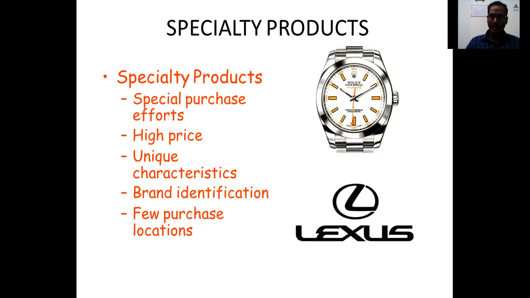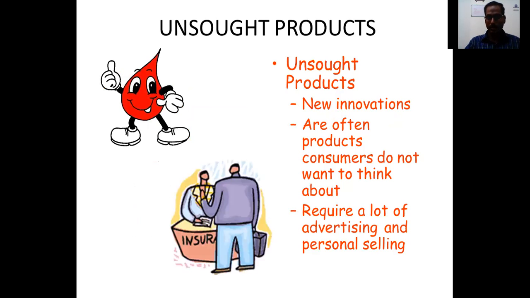Then unsought products. Unsought products include new innovations, like new insurance and all those kinds of things, like car insurance, education insurance, which are often products consumers do not want to think about. I mean, they are not that happy or willing to buy. It may or may not be necessary, and it is not liked by most of the people.